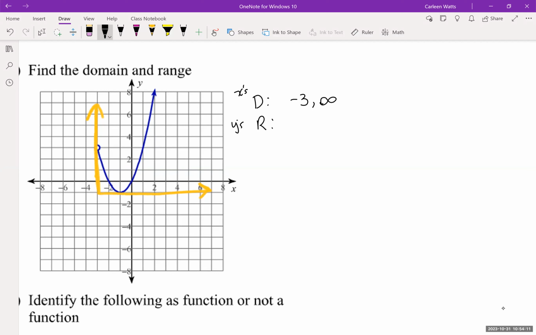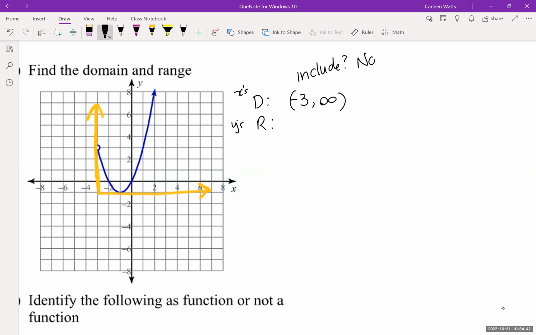Now, does it actually include -3? No. So that is a loose grip. It's a parenthesis. Yeah, see the difference? Now, on the right, does it include infinity? You cannot ever touch infinity, so infinity always has loose grip.